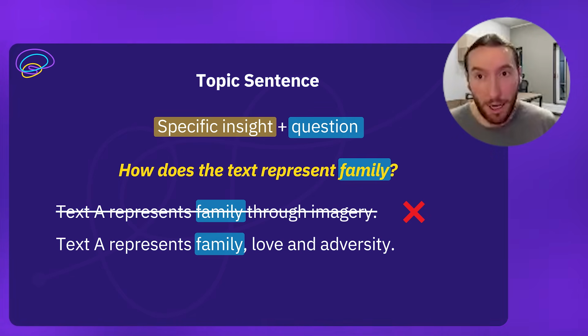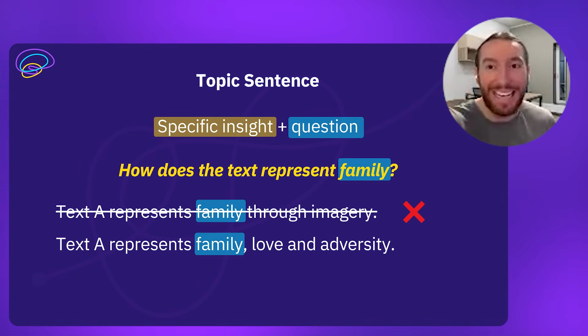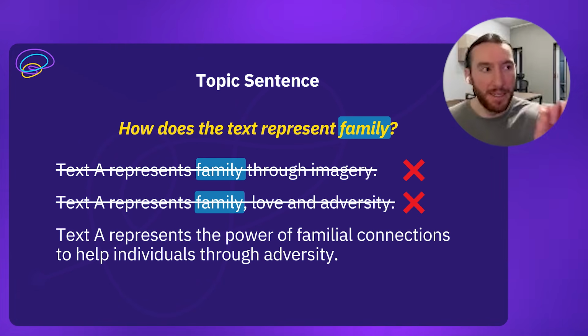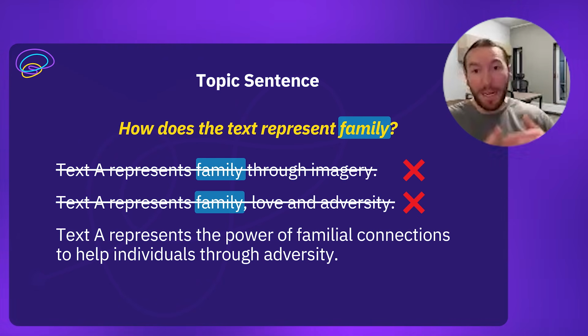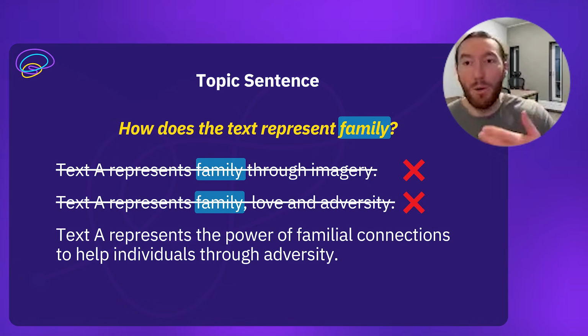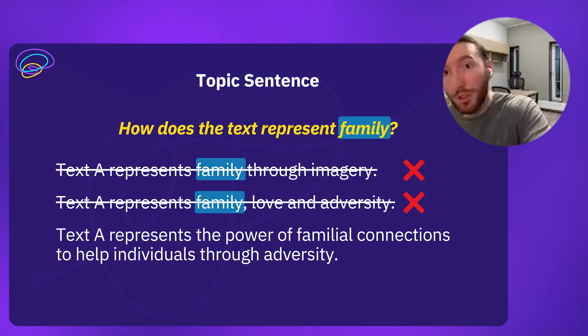So I'm going to give you a really helpful tip here for expanding on any key term of the question. You ready for it? Text A represents the power of family or familial connections to help individuals through adversity. This is how you distinguish between a bad topic sentence and a good topic sentence. And the key is, instead of just saying the word family, say the power of family to do something.